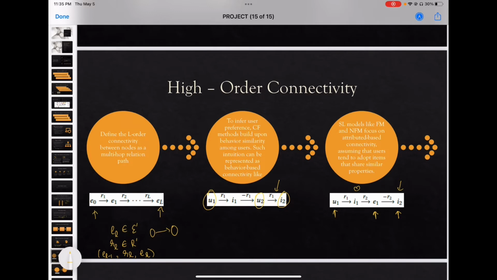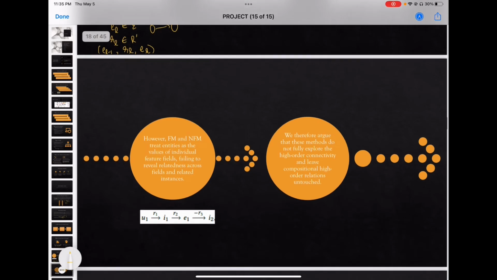However, FM and NFM treat entities as the values of individual feature fields. So they fail to reveal relatedness across fields and related instances.